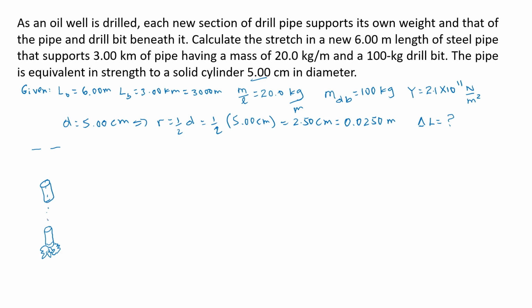Alright, so now this is the last one of the 3,000 meters, but now we have another one which is inserted, the newly inserted one, the newly drilled pipe. It has a length of L naught.